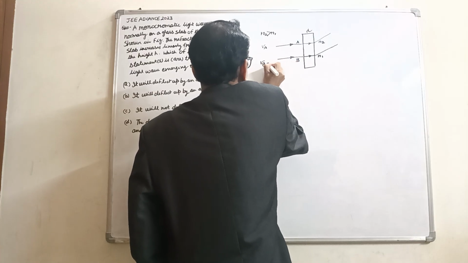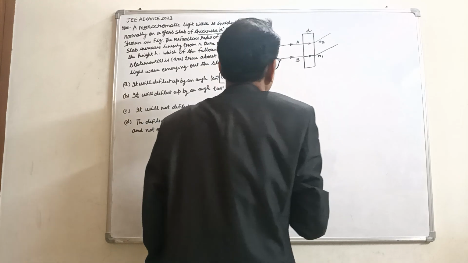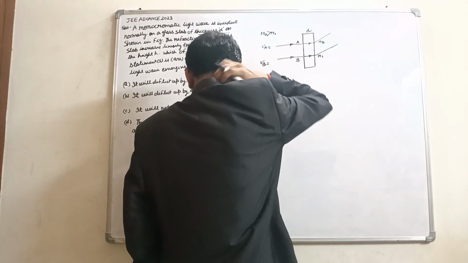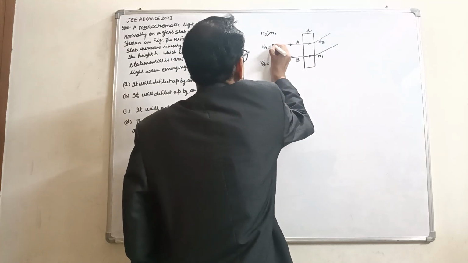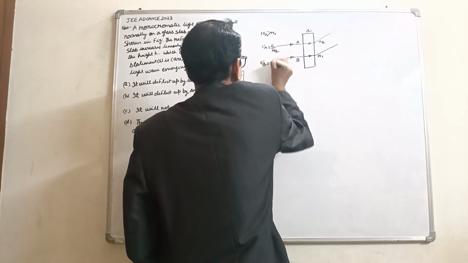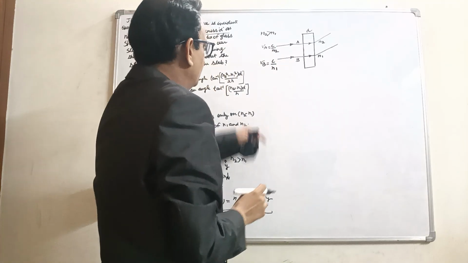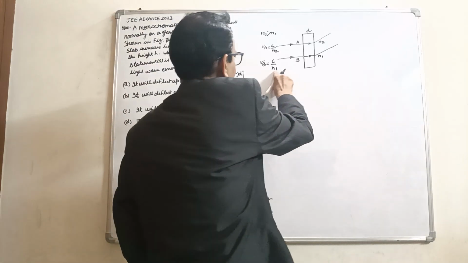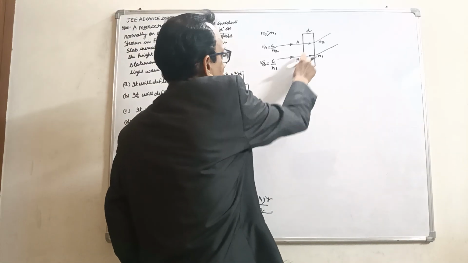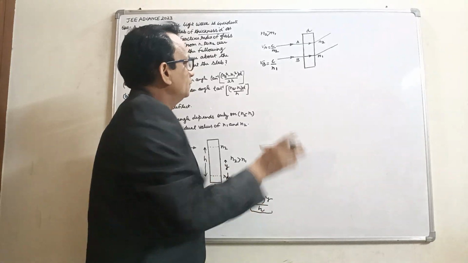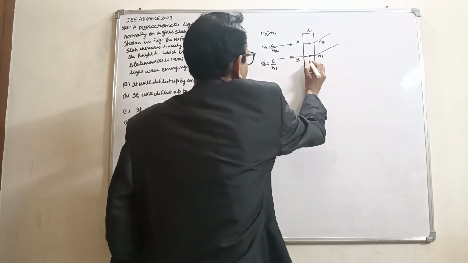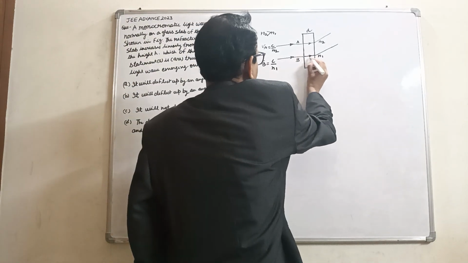So the velocity for this light ray would be C by N2, and for this light wave would be C by N1. We know the refractive index N1 is low in comparison to N2, so the speed of light is more here.